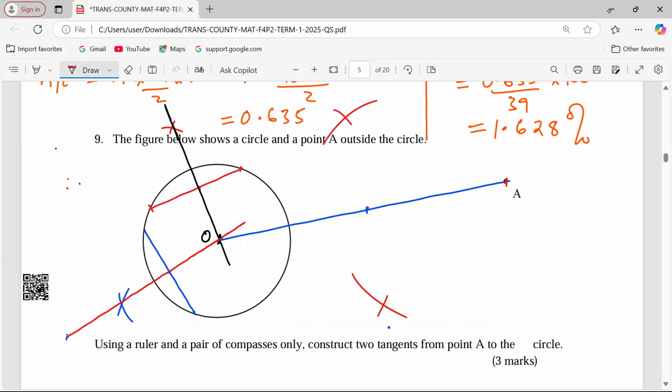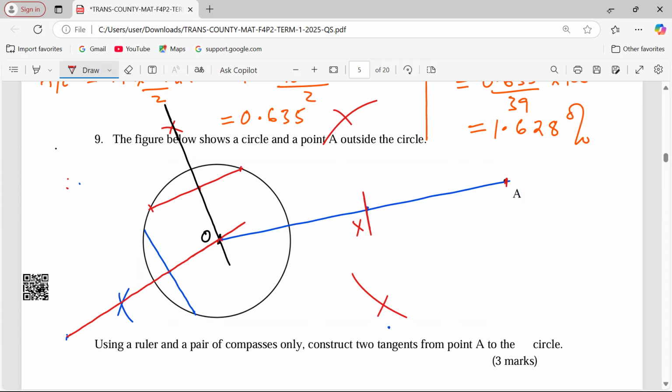And by the way, the main intention here is to identify the center of OA, not even to raise the bisector. So now we have seen the center of OA, call it X. After seeing the center, you are supposed to stand at point X and use radius OX.